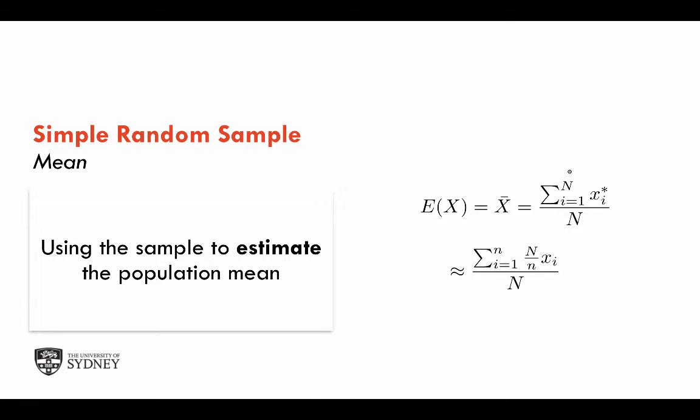So this sum in the population will be replaced by the sum in the sample. Notice that we are summing here over everyone in the population, and in the formula below we're summing over everyone in the sample. If we simplify this expression, we get the known estimator for the population mean, which is just the sample mean.